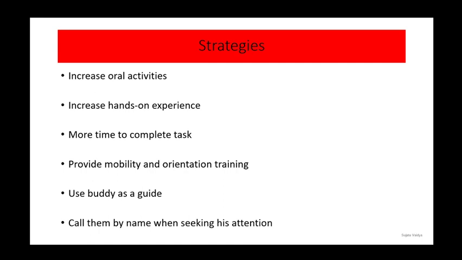We should give them a peer to help, or a friend, or use a buddy as a guide, and we should call them by their name when we want to seek their attention. Hope you understand the visual impairment concept, the different strategies we use for teaching a visually impaired child, and how we can identify a visually impaired child from other students.